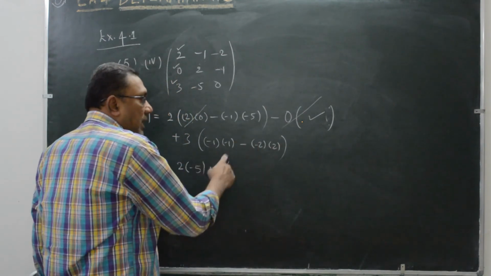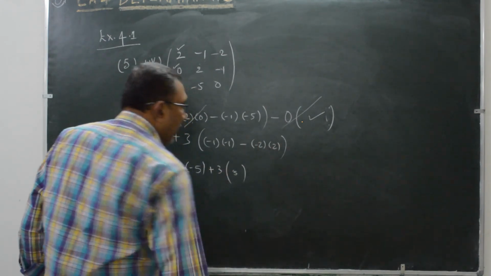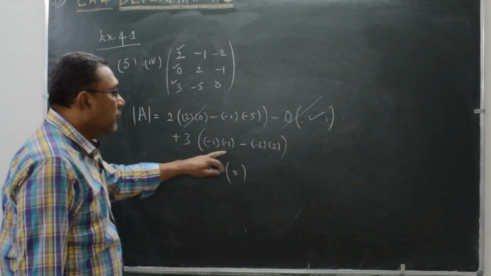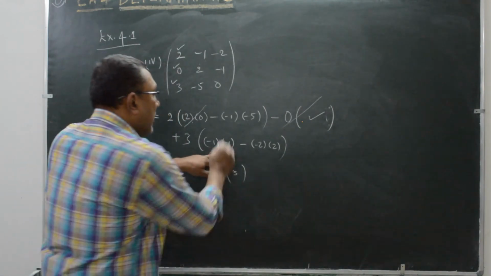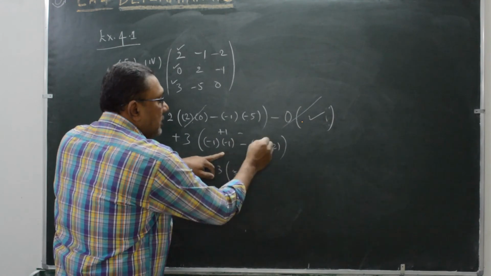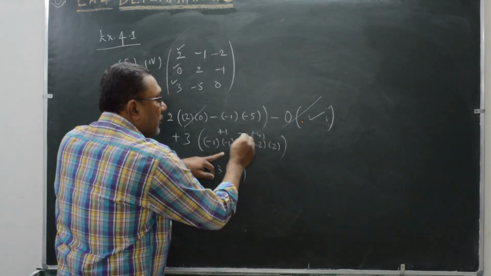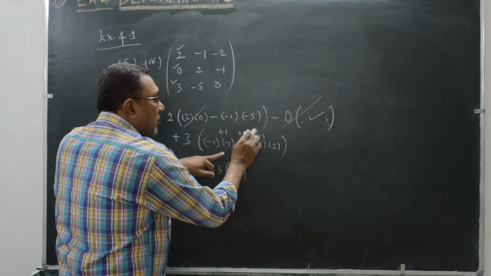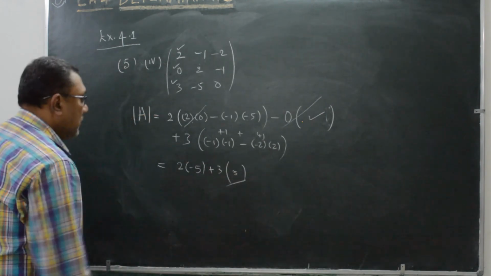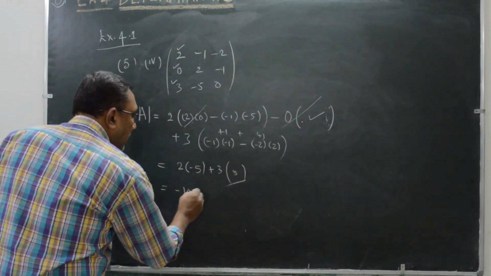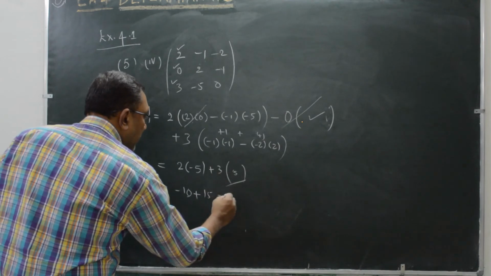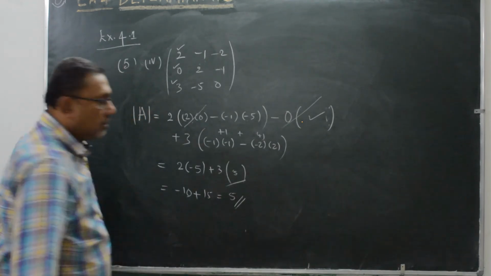So plus 4 plus 1 is 5. Minus 1 plus 1 will become plus 1, minus 4 is also becoming plus. So therefore this is 5. Now it is minus 10 plus 15, therefore the value of the determinant is 5.